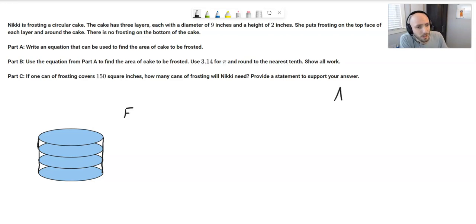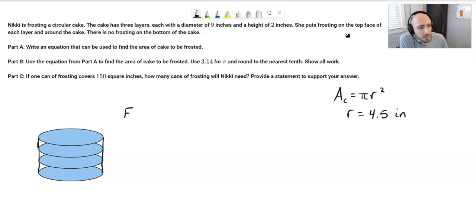So the formula for the area of a circle is pi r squared, where r is the radius. Now we are not given the radius, we're given the diameter, but the radius is just half of the diameter, so the radius in this case is 4.5 inches, which is half of 9.